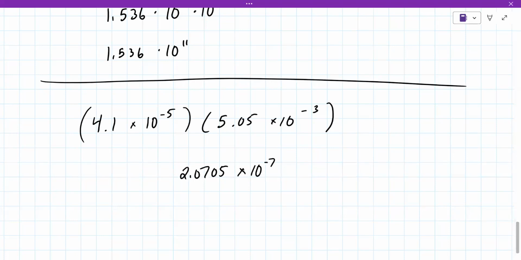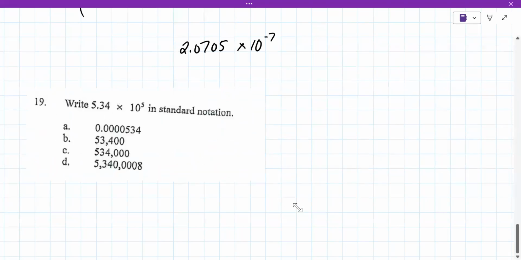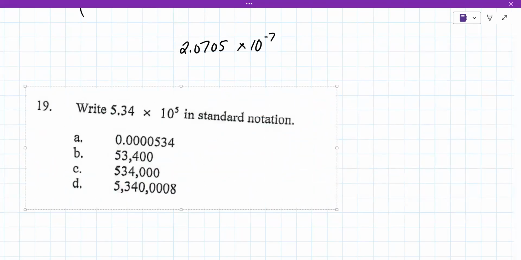Good, really good. Okay, so these next couple of problems should be a little bit easier because you're just moving the decimal. So let me just throw this one up here. Get through this pretty quickly here. Can you give me the correct answer for this one?